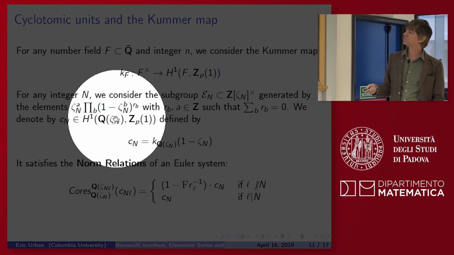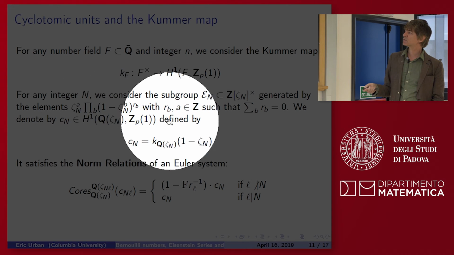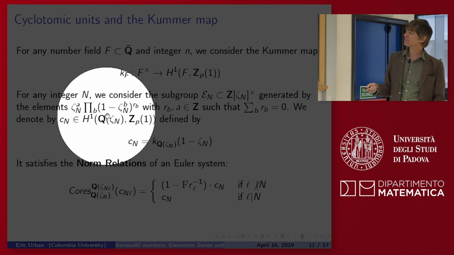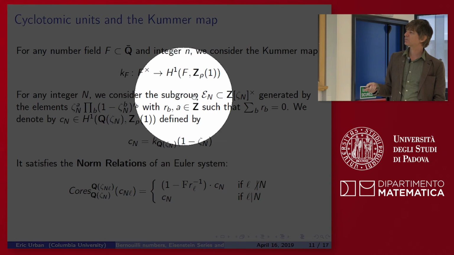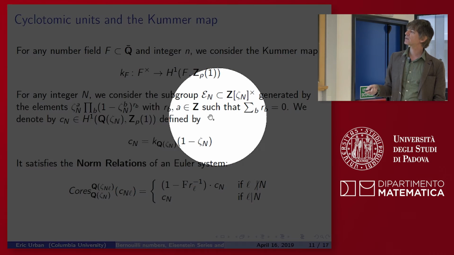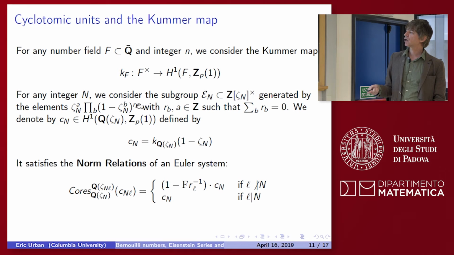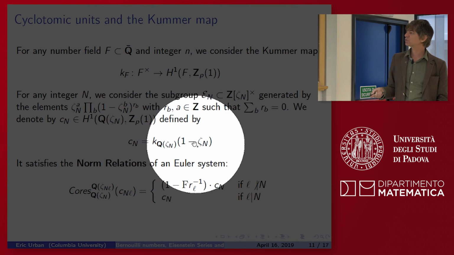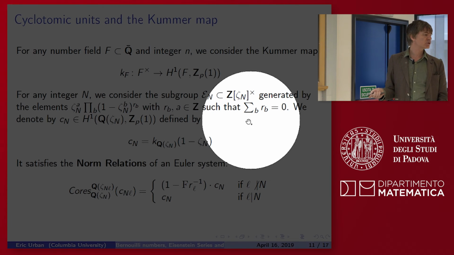And if you look at this product here, with a any integer and r_b such that the sum of the r_b is equal to 0, then you can show that this is actually a unit. And in fact, if n is divisible by at least 2 prime numbers, you can even show that 1 minus theta n is a unit.